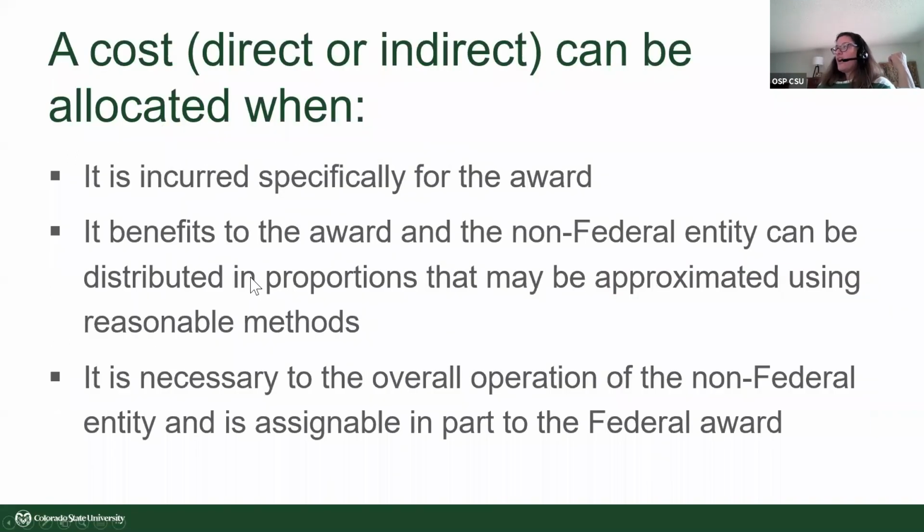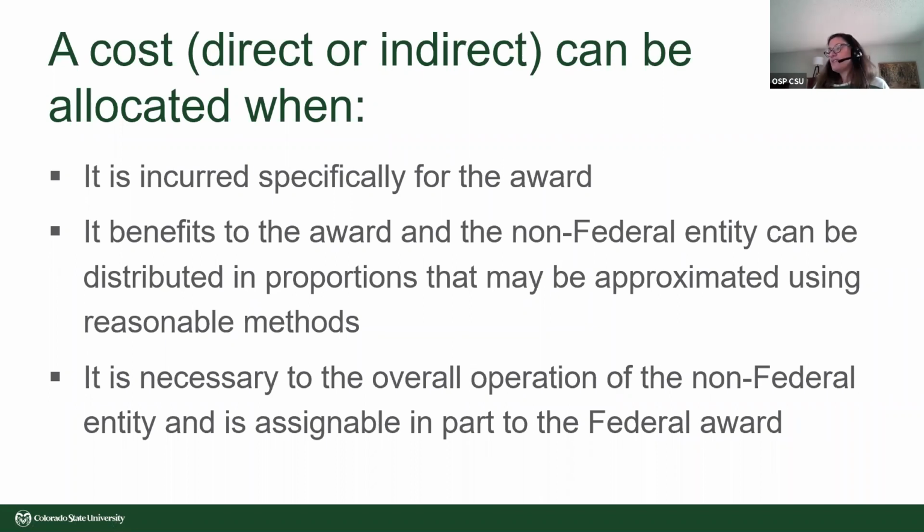Okay, a cost, direct or indirect, can be allocated when it's incurred specifically for the award or for the project, right? It benefits the award and the non-federal entity, and it can be distributed in portions that make sense using reasonable approximation methods. And we're going to talk about a couple different reasonable methods in the next slide.